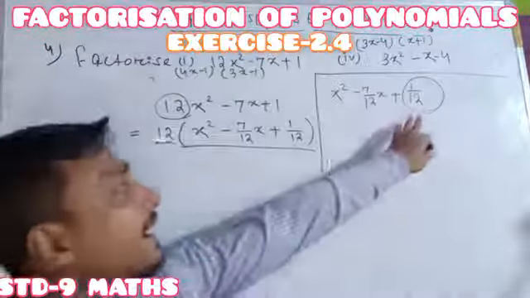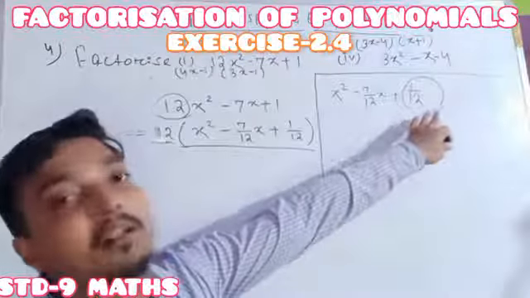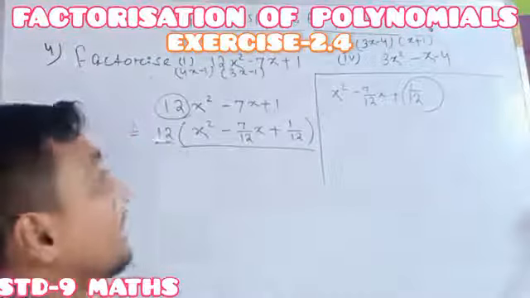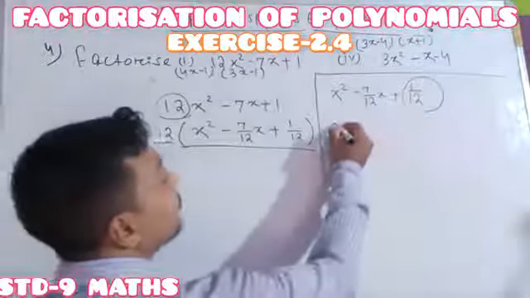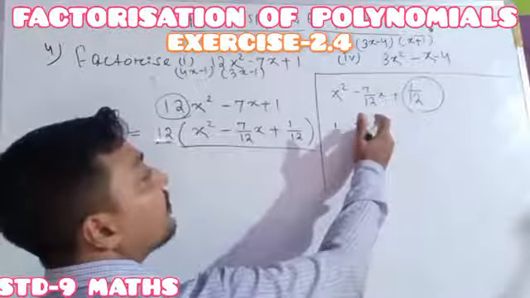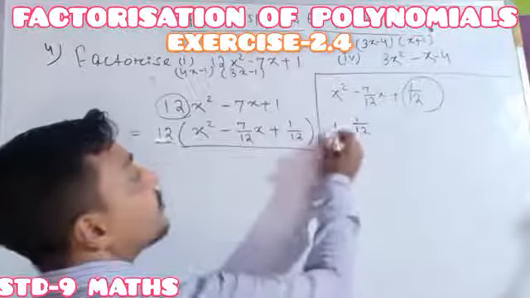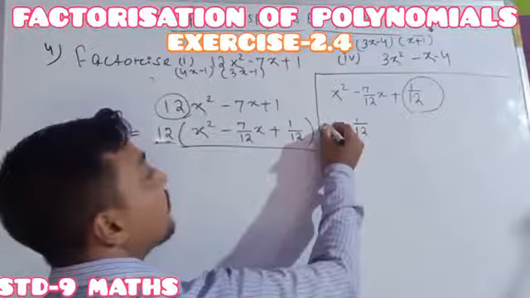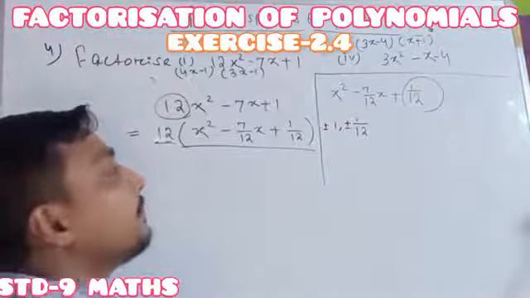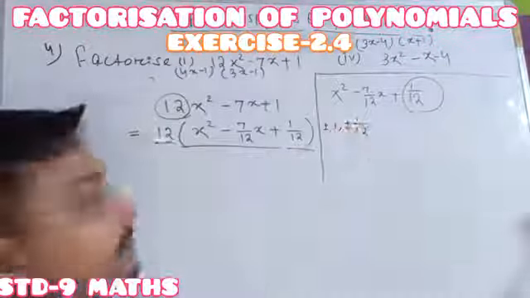Always you have to find out which two numbers' product is 1 by 12. Which two numbers' product will be 1 by 12. Remember, one number is 1, another one is 1 by 12, plus 1 and plus 1 by 12. Otherwise minus 1 and minus 1 by 12. So plus 1 by 12 is one factor, and the plus minus 1 by 12 is another.